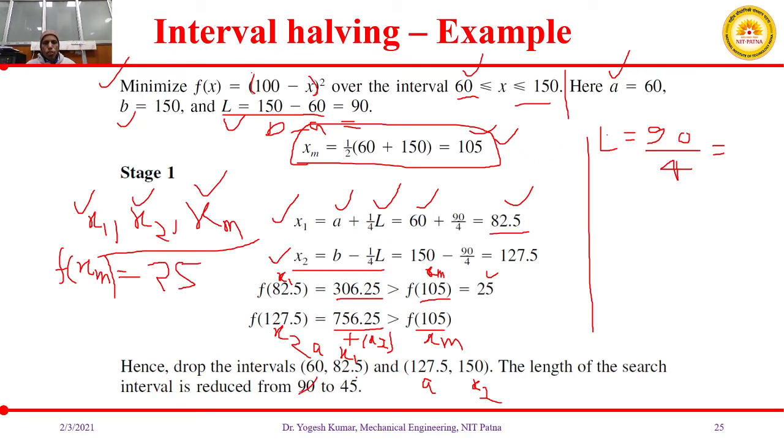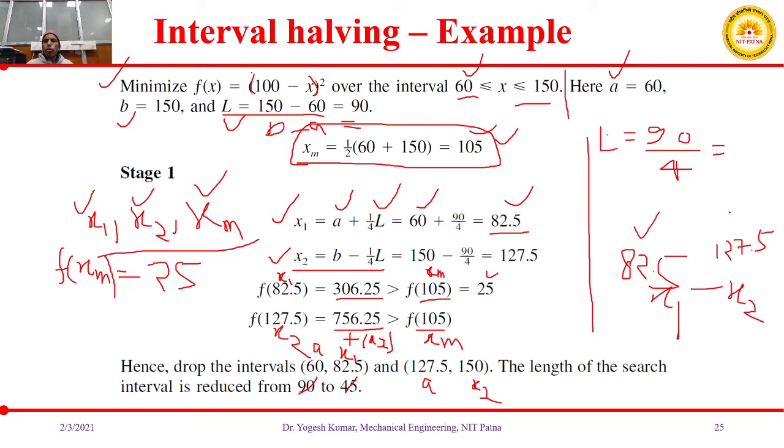So your search interval will now vary from x1 to x2. Here x1 is 82.5 and x2 is 127.5.